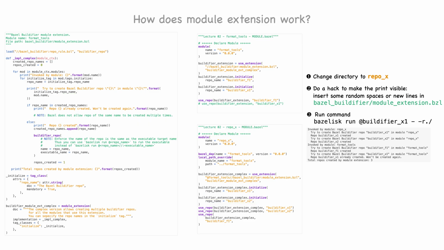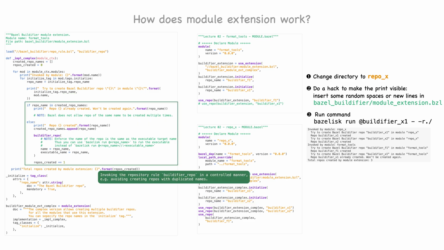Eventually, the module extension needs to invoke the repository rules to create the repos on the fly. Keep in mind that Bazel does not allow you to create repos of the same name multiple times. Since we have initialized beautifier x1 twice, in the implementation logic, we have to abandon the duplication.